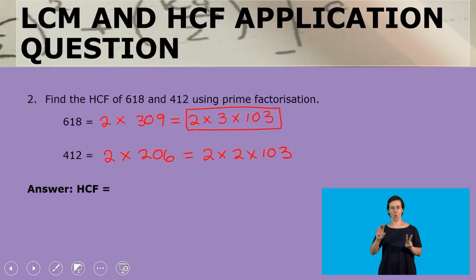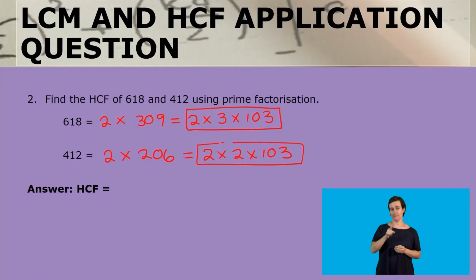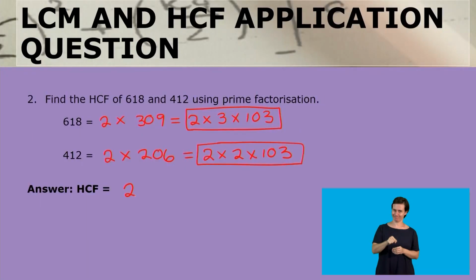How do we find the highest common factor again? Do you remember? Yes, we are going to look at these 2 blocks, and we are going to identify the common ones. So we are only going to take the common ones. Which ones are the common ones between these 2 blocks? Yes, we have 2, and we also have 103.